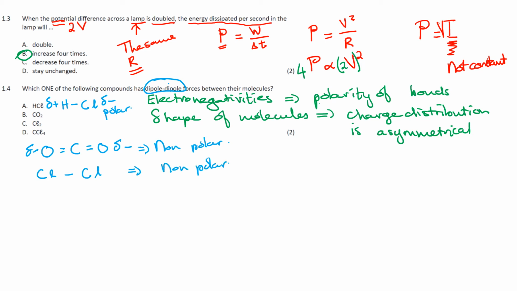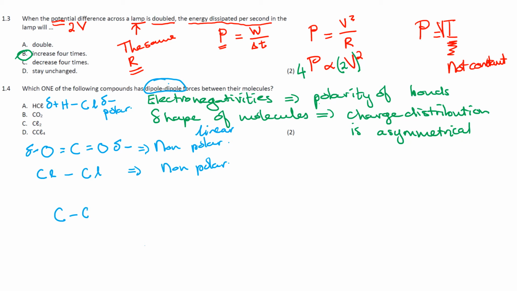And carbon tetrachloride. So the three examples A, B, and C would be linear in shape. So the difference in the polarity and the charge distribution would determine the polarity of the molecules.